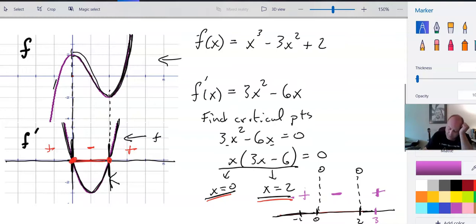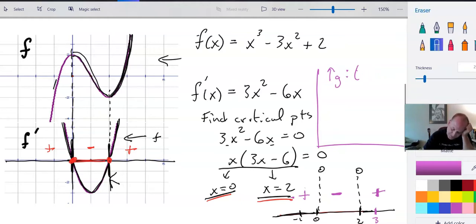Okay, so what we have here are the regions of increasing and decreasing. If it's increasing, and I'm just going to use this arrow up with a G for increasing, I know it's increasing on these intervals: from negative infinity up to 0, right?